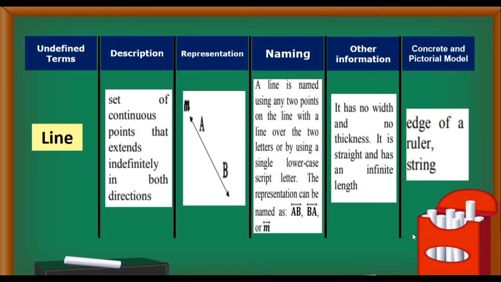Yung ating mga tali, yung ating sinulid, 'di ba? String po 'yon. So, pagka hinatak niyo yung string, so that will be formed a line. Another is yung ballpen mismo. Yung linya ng ating ballpen, that is also a good example of a line.